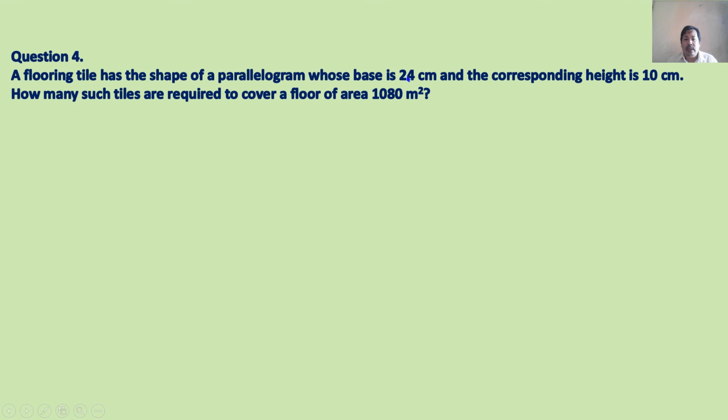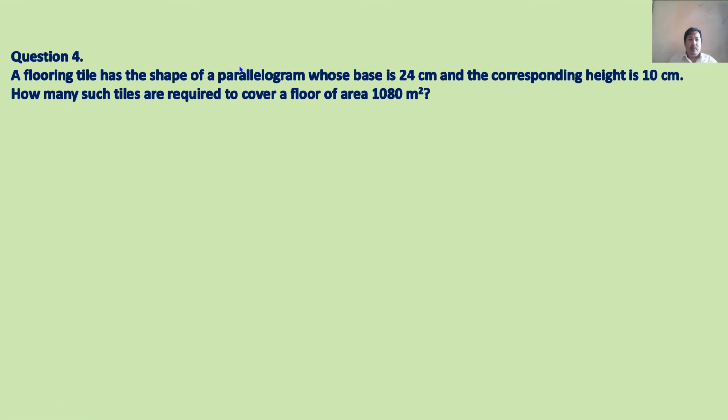Dear student, one thing you have to be clear about and notice is that the dimension of the tile, which is in the shape of a parallelogram, is given in centimeter, and the area of the floor is given in unit of meter. So you have to be a little careful. Okay. So let us see how we can do.